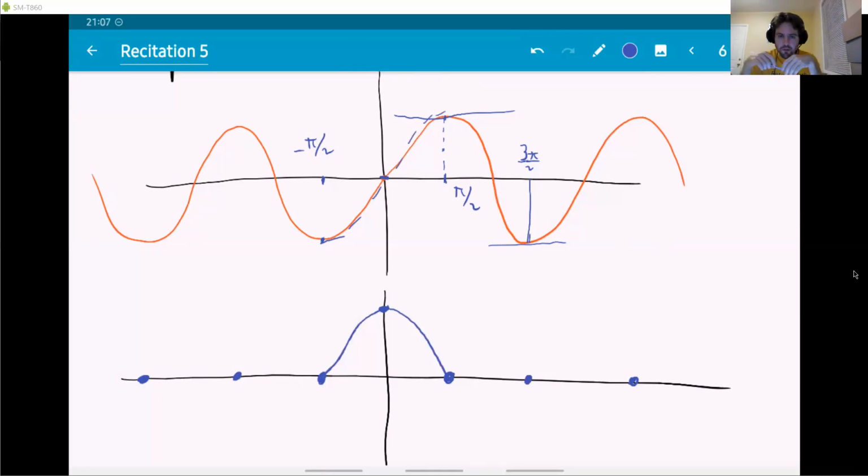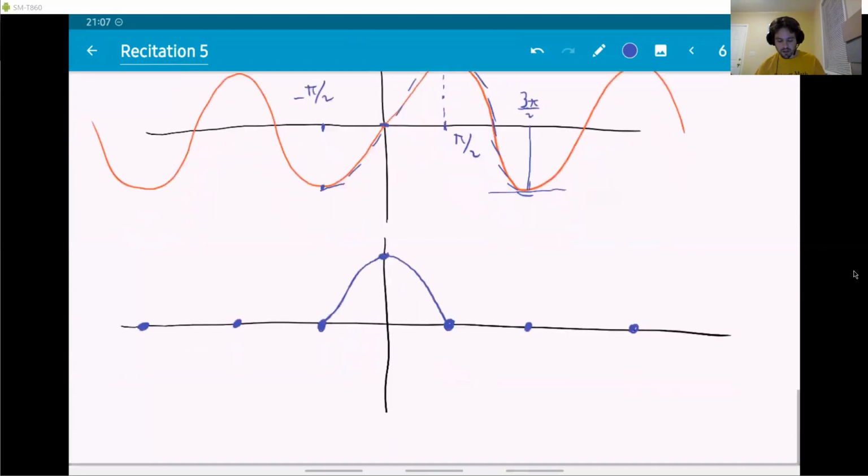Now the same reasoning can be applied right here between the numbers pi over 2 and 3 pi over 2. Only difference is that at pi over 2, as we can see, it is 0, but then it starts decreasing. Negative, more negative, more negative, very negative, and then going back up to 0 again. The curve is changing like this.